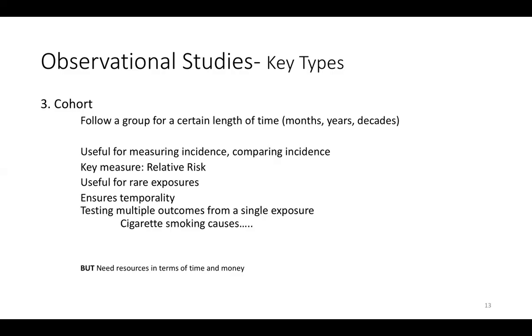We can link smoking to cancer of the bladder and so forth. But cohort studies, since they take a long time to occur, we have to keep on following the participants, and need resources, both in terms of time and money.